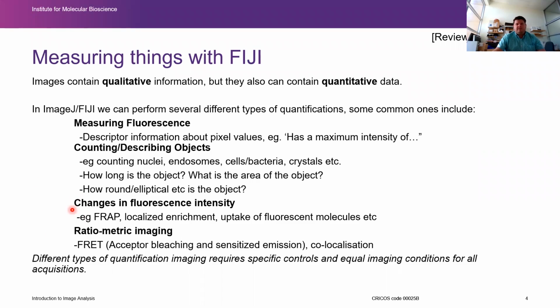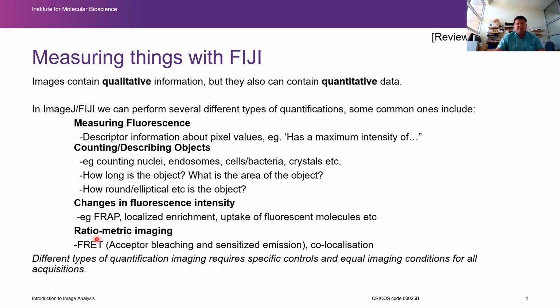We can also take it to live imaging and dynamic imaging events where we look for changes in fluorescence intensity. That might be with your FRAP experiments, or if you're performing co-localization studies where you have local enrichment or the uptake of something, you can measure that through multiple frames over time.